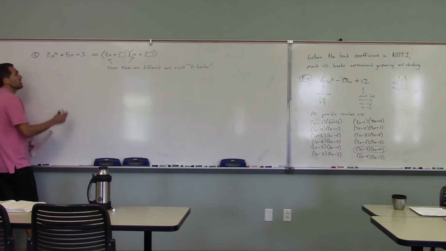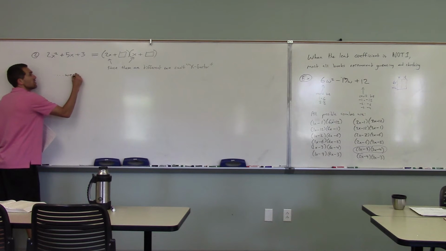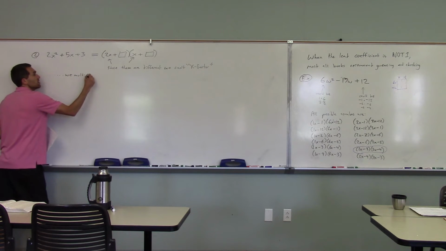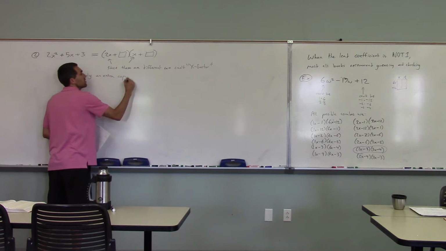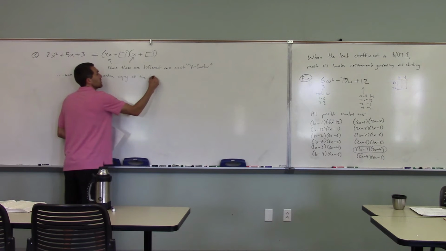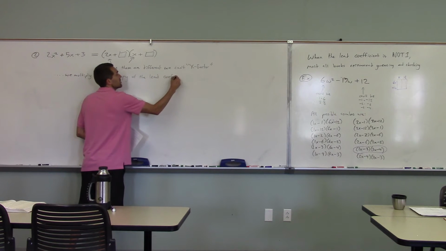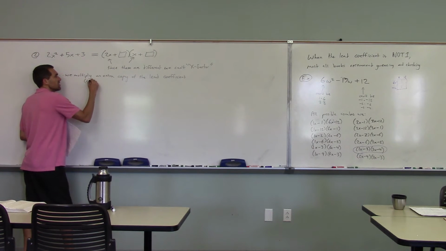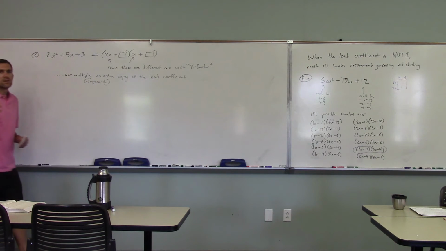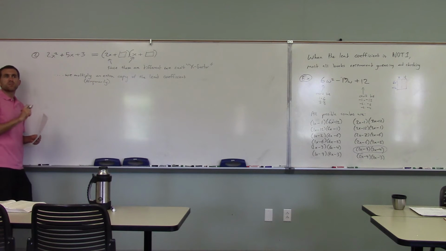So we multiply in temporarily. We take it out, but to make our solving easier, we temporarily put in an extra lead coefficient. And then at the end of the problem, we take it back out.